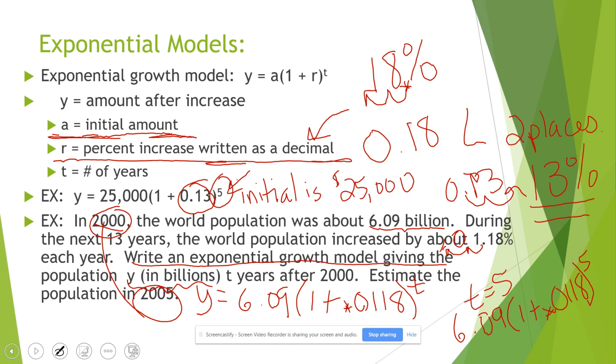Type that into our calculator and we get roughly about 6.46, and remember that's in billions. So 6.46 billion would be the world population in 2005 according to this growth model.